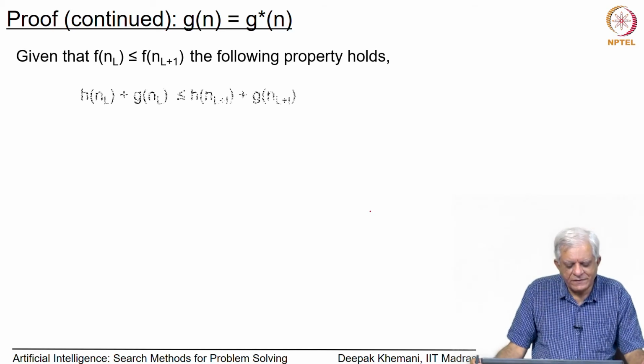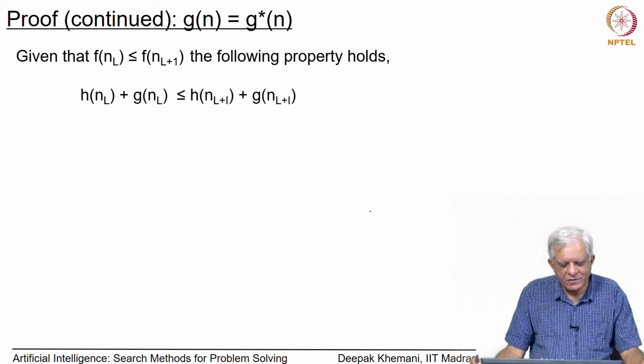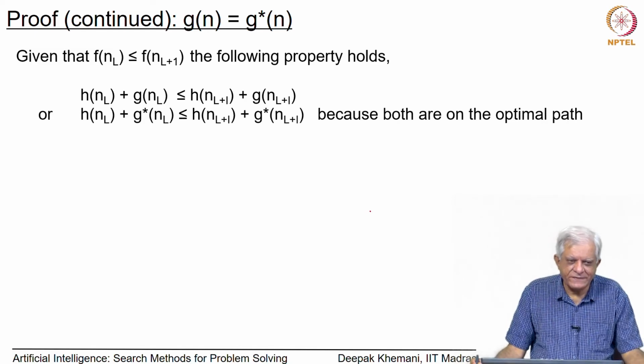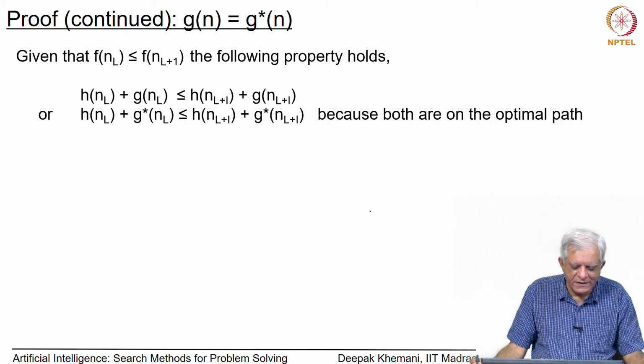We have already observed that on an optimal path, or on a path to the goal, successive nodes have non-decreasing f values. So, it is true for the last node n l and the node n l plus 1. Remember, n l is on closed and n l plus 1 is on open.